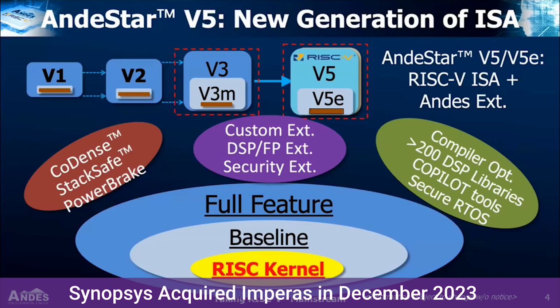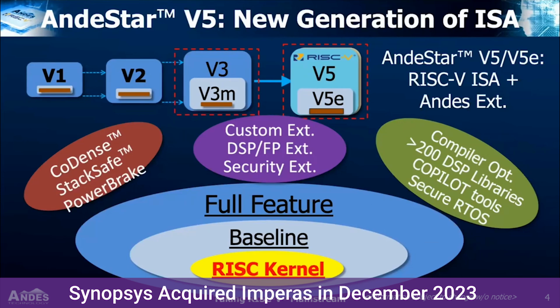RISC-V came around about that time, and we thought it was a good jump to go to a more industry standard architecture, and we adopted RISC-V. The official name for our architecture is Andes Star version 5. It's a RISC-V architecture. We call it baseline RISC-V architecture with Andes specific extensions.